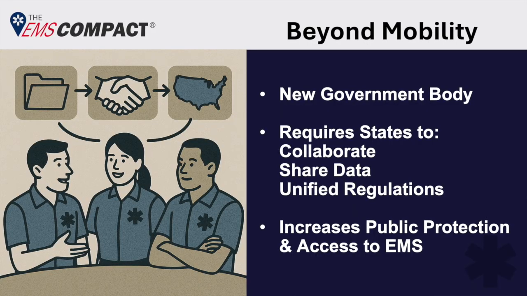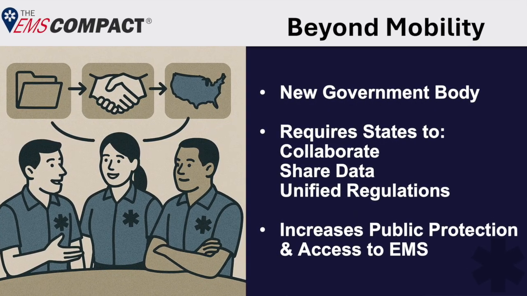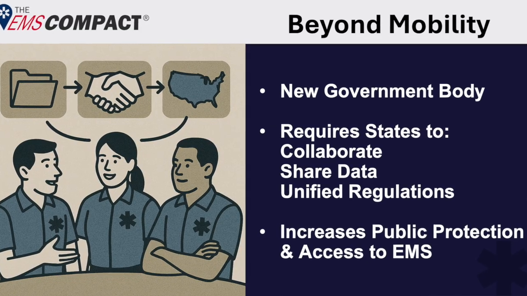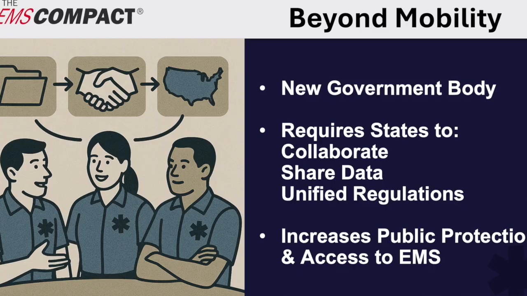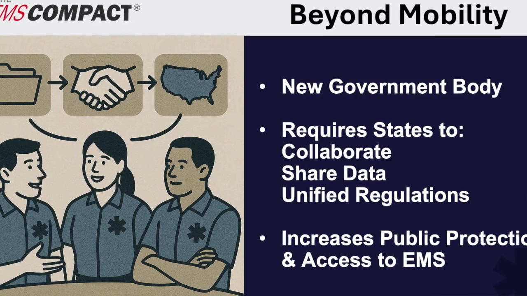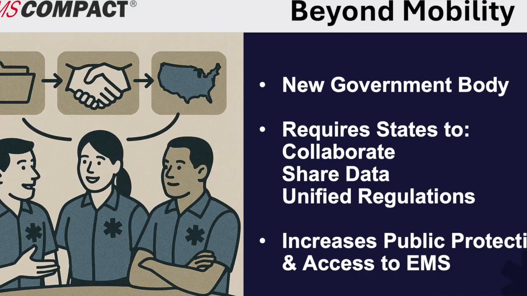However, the EMS Compact actually goes beyond that mobility of personnel. Yes, that's a big part of the compact, and that was probably the core reason that states came together. But the EMS Compact legislation actually goes beyond that and creates a whole new government body. And this new government body requires states to collaborate on all issues related to EMS personnel and how these EMS personnel operate.